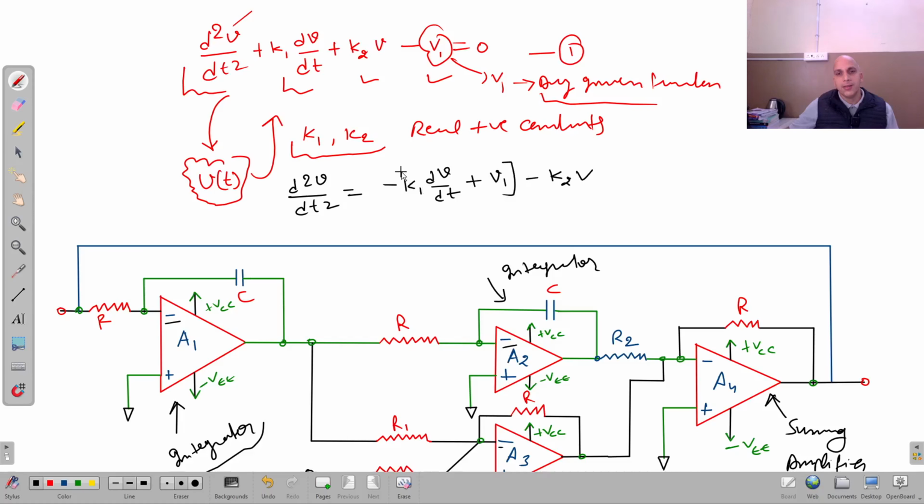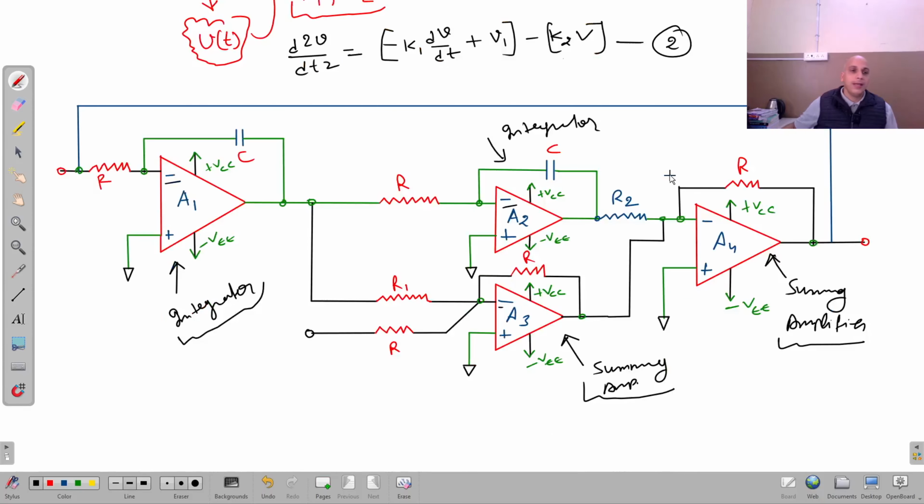So I can write it in this way also. Now you can see here d square v upon dt square is equal to minus k1 dv upon dt, I took it toward this side, plus b1, and I take this term separately, k2 v, right? Now let this be equation number 2, right?